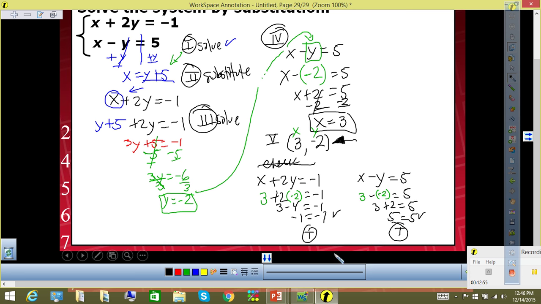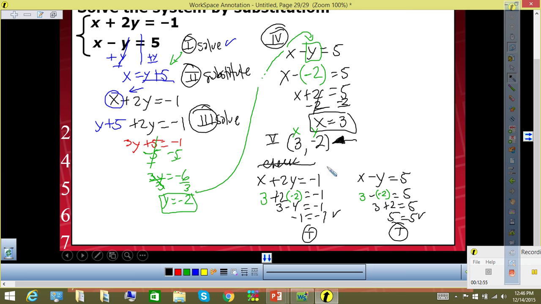Yes. So now, did you talk about what this point was? Who wants to volunteer? Santi. This makes the system true, okay. Therefore, what is that point?